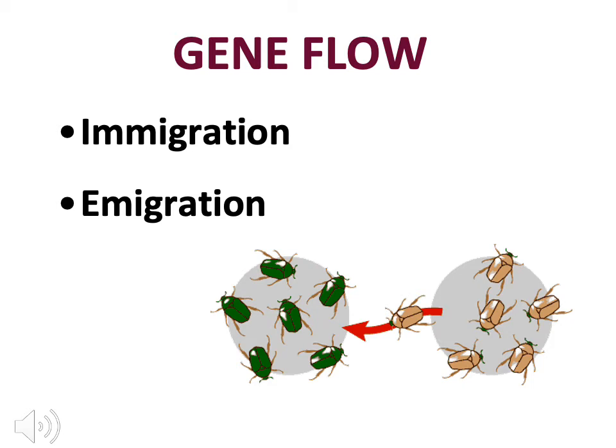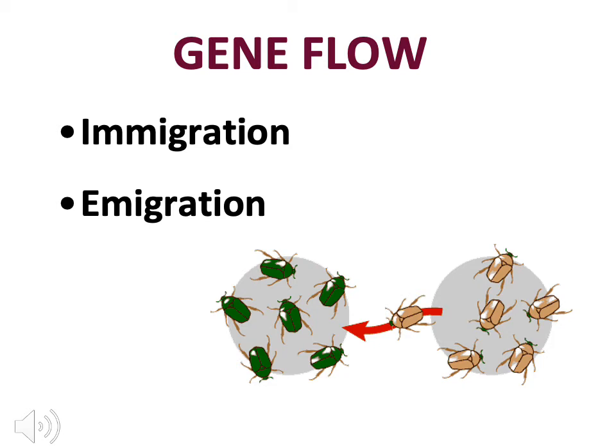Now, when I use the expression evolutionary trajectory, what I'm thinking about is what's going to happen to that population over time. If I've got a brown beetle entering that population and bringing some brown beetle genes with it, there's a very, very good chance that that green beetle population in the future might demonstrate some brown colored individuals.